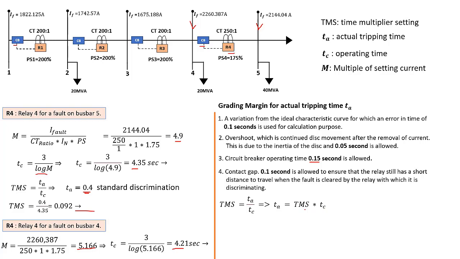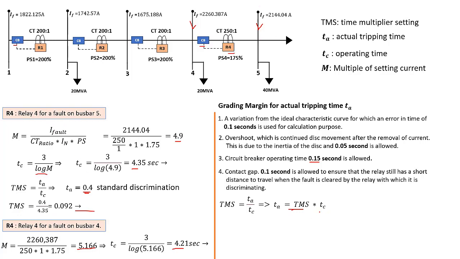But the value of TMS, we have to use the TMS that we calculated for the fault on busbar 5. Because remember, this circuit breaker must discriminate between the two faults, either on busbar 5 or on busbar 4. So to calculate the actual tripping time for busbar 4, we have to look at the time multiplier setting that we got when we calculated for the fault on busbar 5.